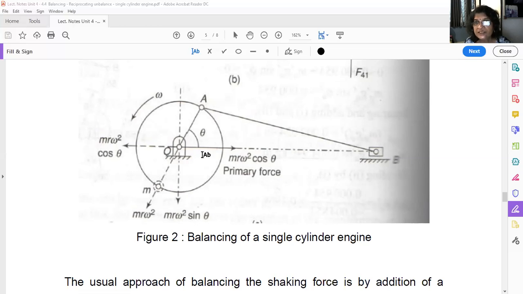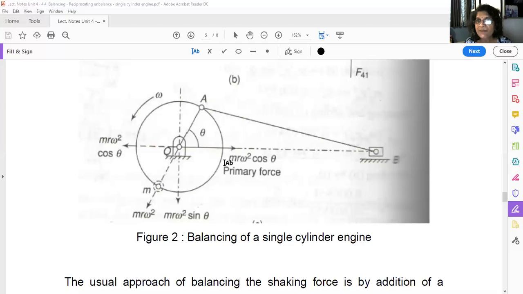Now see, this is basically our unbalanced force, Mr omega square cos theta, the primary force. Right now we are talking only about the primary force. Later on, the same procedure has to be followed for the secondary force. So what is the primary unbalanced force? Mr omega square cos theta. The component of this force, Mr omega square cos theta, will be neutralizing this force, as it is opposite to this force.